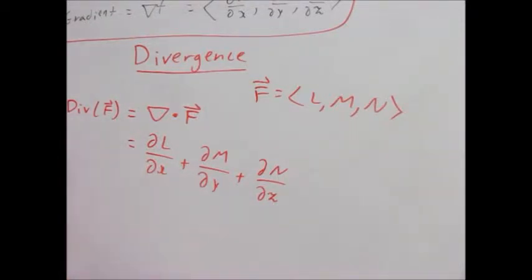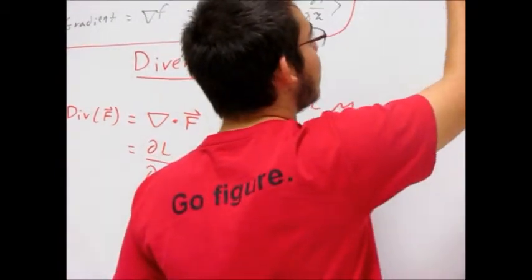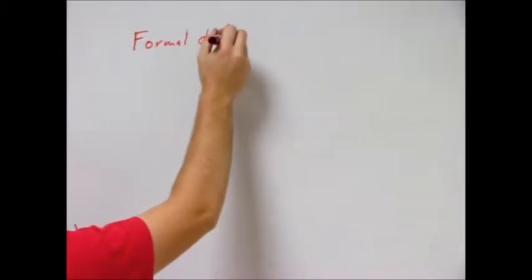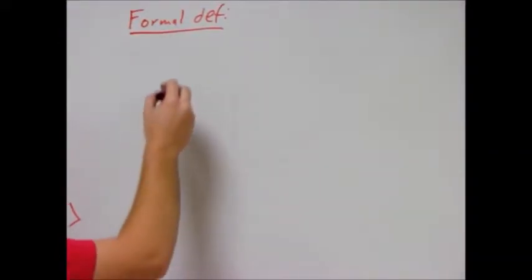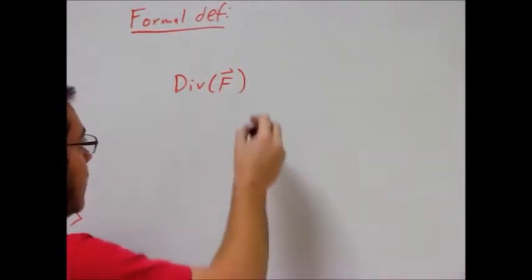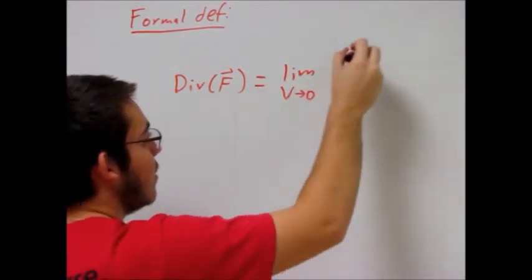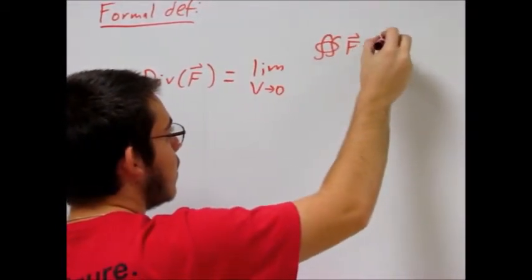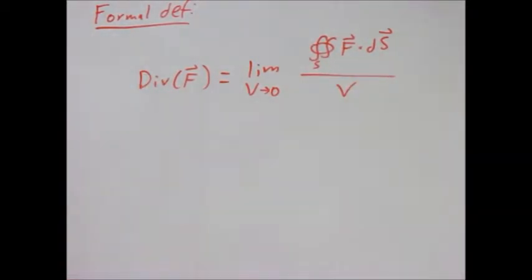There is another definition of divergence. In fact, the formal definition is coordinate free. The formal definition says the divergence of f at a point is defined as the limit as v goes to 0 of this expression right here.